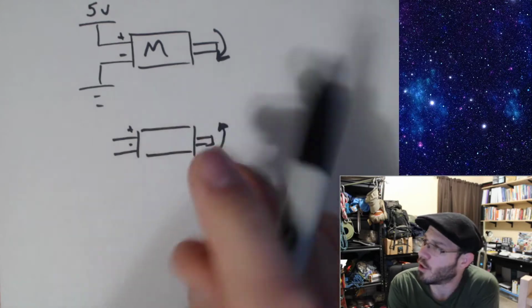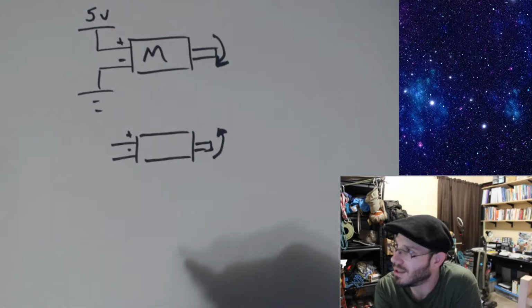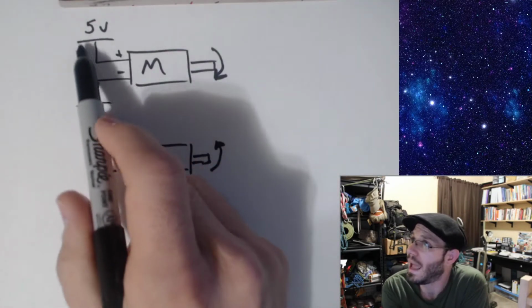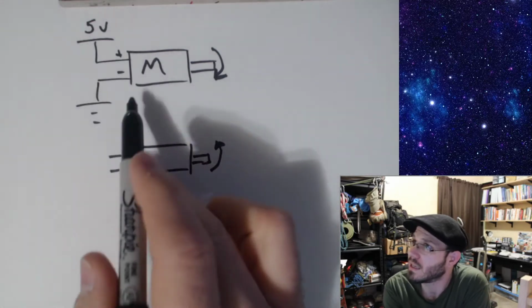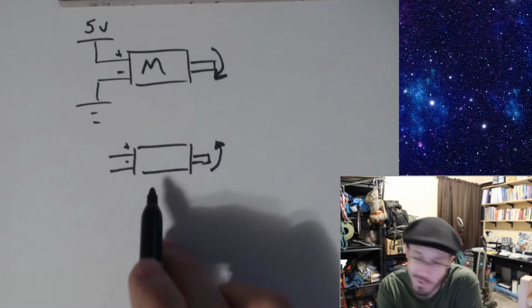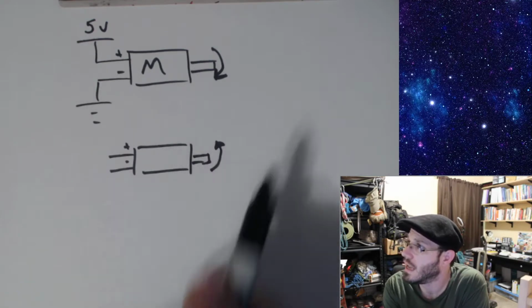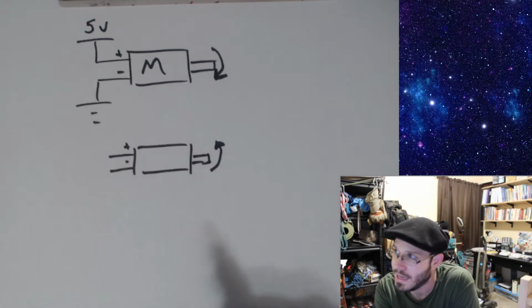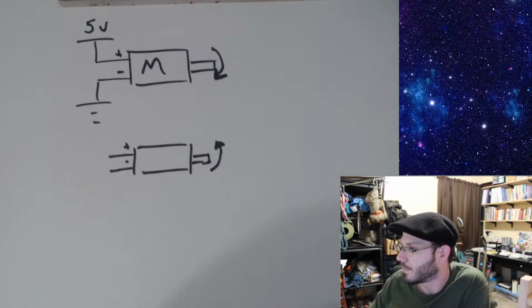Okay, let's say I get a motor, and let's say that motor turns clockwise when I have 5 volts attached to the plus and ground attached to the minus. Okay, how do I make this motor turn the other direction? How do I make my motor turn anti-clockwise or counterclockwise?